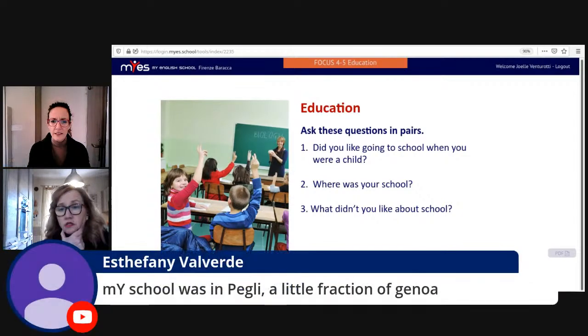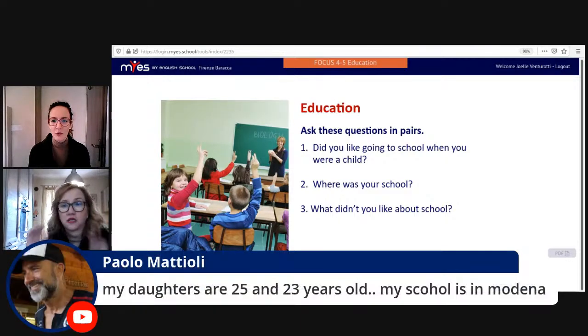Then Estefani says my school was in Pegli. I know Pegli. It's on the coast, a little fraction of Genoa. Paolo also has daughters, who are 25 and 23 years old. My school, I think that's a past.